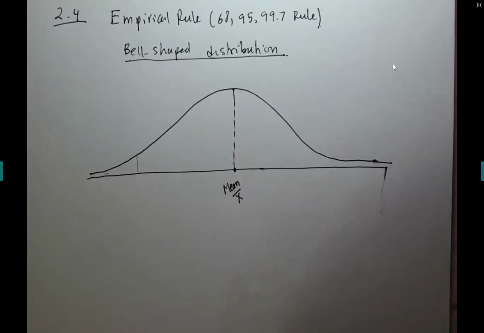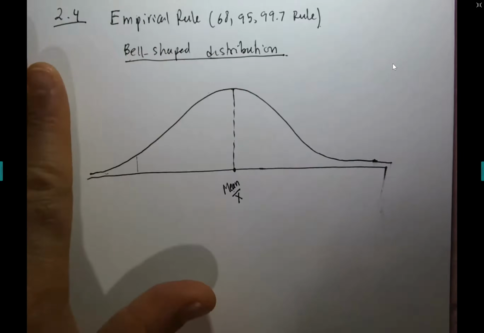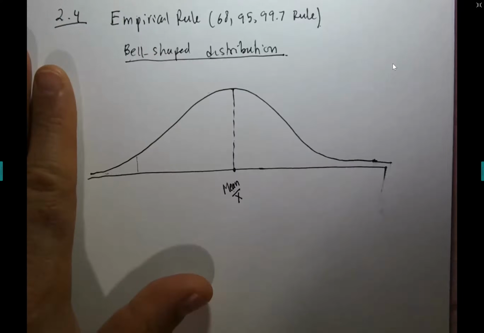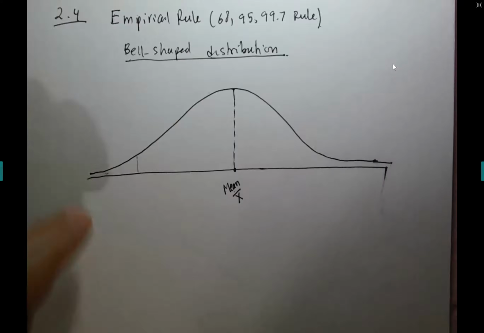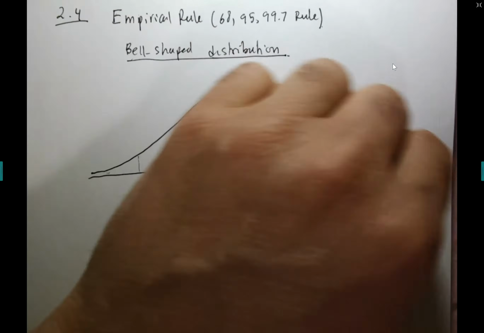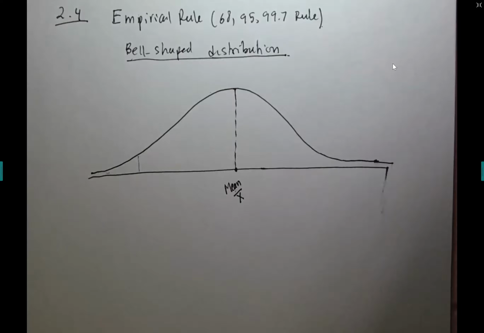Exactly. 50% of the values will be to the left of the mean, and 50% of the values will be to the right of the mean. This is one property of the symmetric distribution. So about 50% to the left and about 50% to the right. Right under the curve, guys, all the values are under the curve. 100% of the values are under the curve. So we get all of them right under the curve.